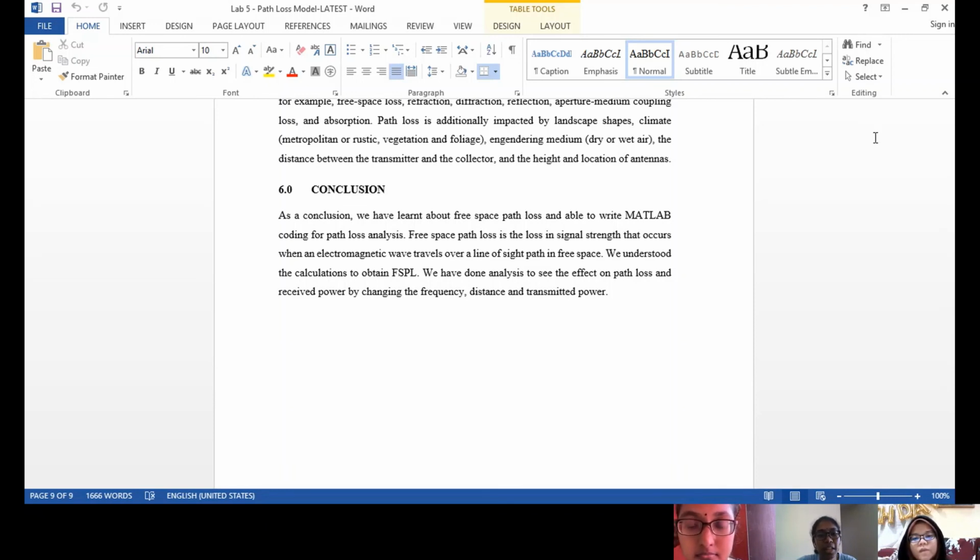We understood the calculations to obtain free space path loss, and we have done manual calculation to compare the results that we obtain in the MATLAB software. And lastly, we have done analysis to see the effect on path loss and received power by changing the frequency, distance, and transmitted power.